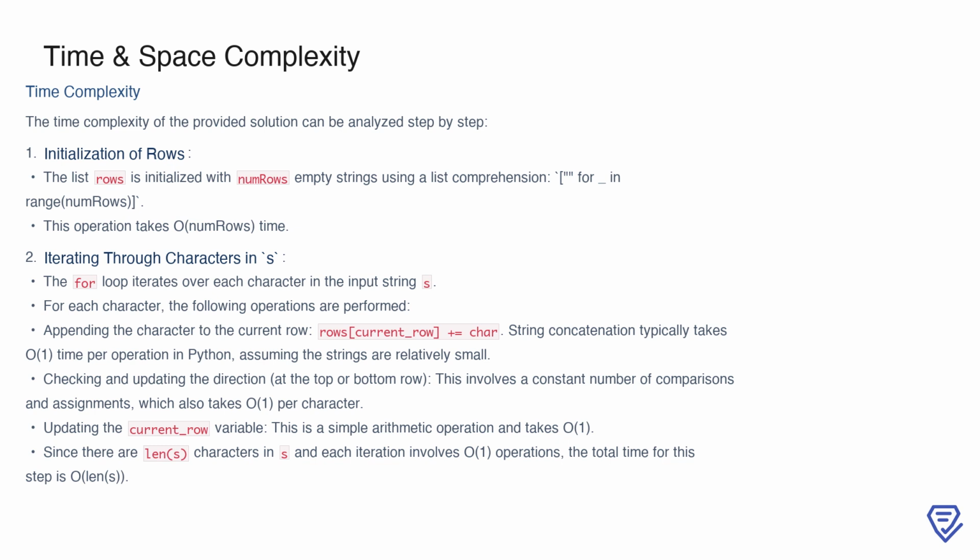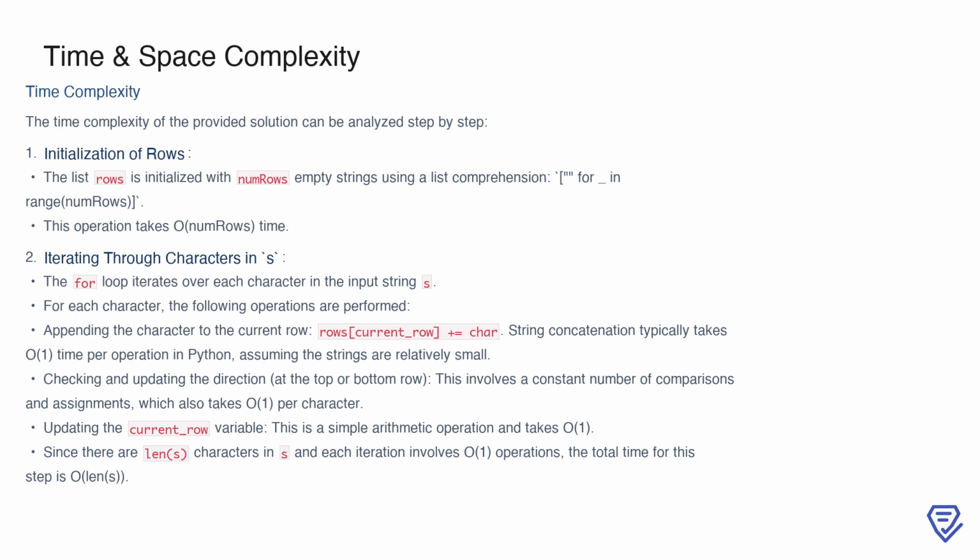Then, we check whether we've reached the top or bottom row to adjust the direction. This involves a few constant time operations like comparisons and assignments, all of which also take O(1) time per character. Updating the current_row variable with simple arithmetic similarly runs in O(1).